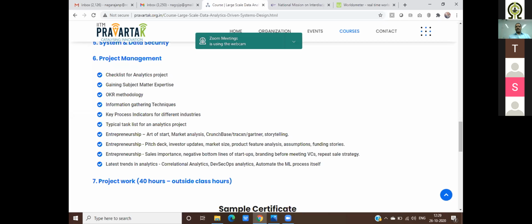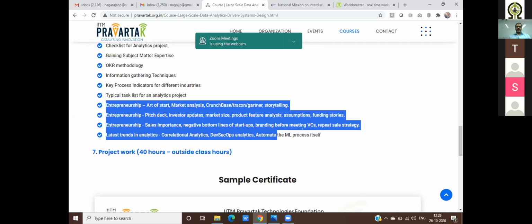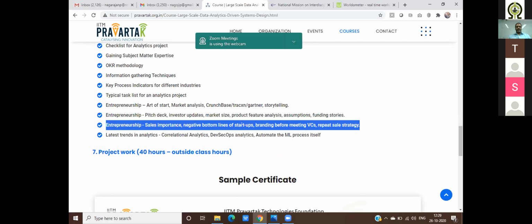In fact, we have been seeing a couple of entrepreneurs, a few people in the past, they have submitted the base after going through these kind of courses. They have submitted their proposals. There are incubation centers which have funded them. So there is an entrepreneurship, because entrepreneurship is the highest level in terms of taking the risk. So if you have that appetite for risk, and with data analytics part, you can do wonders.